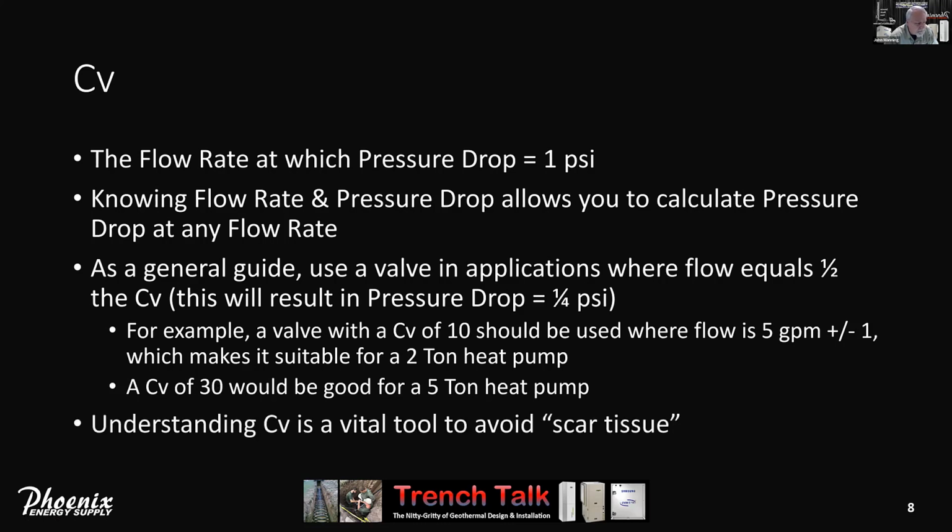Understanding CV is a vital tool to avoid scar tissue, because you can pick a valve, throw it into a system, and if you didn't account for its pressure drop accurately, you could end up not having sufficient head to overcome its pressure drop. And trust me, I've got plenty of scar tissue.